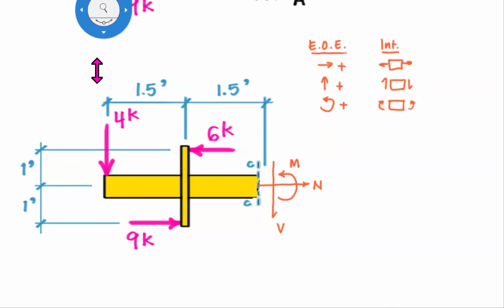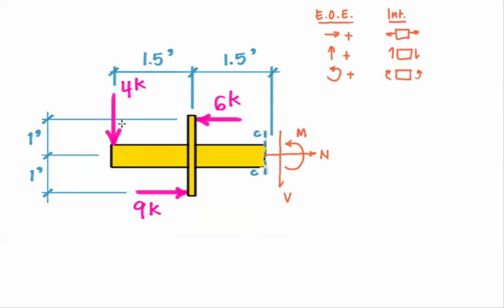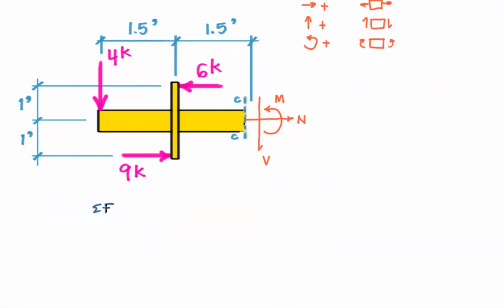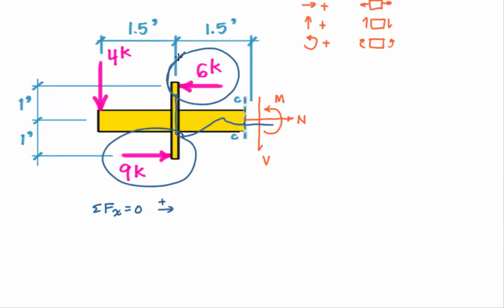Okay, so we are ready to rock and roll with this. We've got a free body, it's in static equilibrium, so we can run through our equilibrium equations. The first one I'm going to pull out is summation of forces in the x direction equals 0, rightward is positive. And here I'm going to have 3 terms in that horizontal force equilibrium equation.